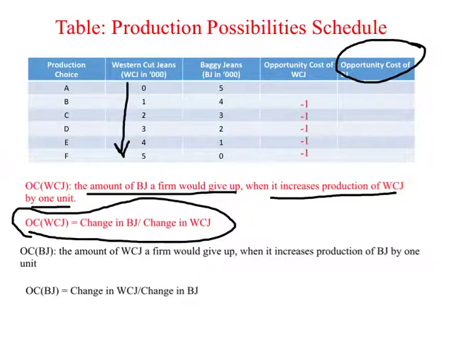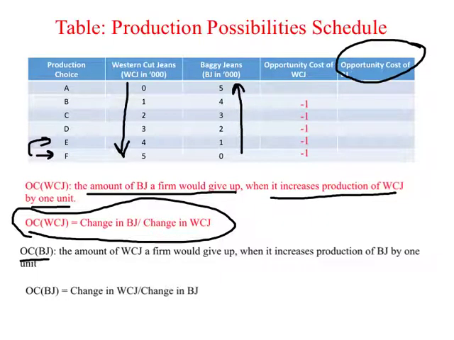To calculate opportunity cost of baggy jeans, you'll move in the opposite direction, and this is where you see an increase in production of baggy jeans. So now the firm is sitting at F, produces no baggy jeans, decides to move to E and decides to produce 1000 units of baggy jeans.